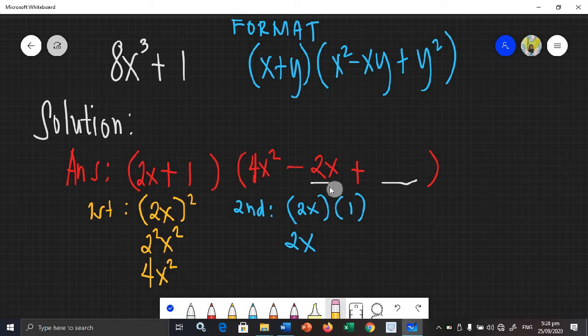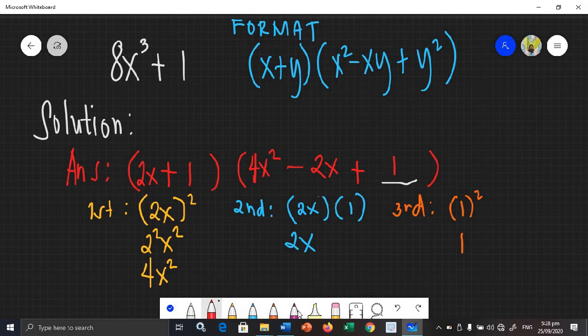Now, we are done with our last term, which is the third term in the trinomial. And sabi dito, sa format, we will be squaring the last term in this binomial, or the second term in this binomial. So, 1 squared, that is equal to 1.